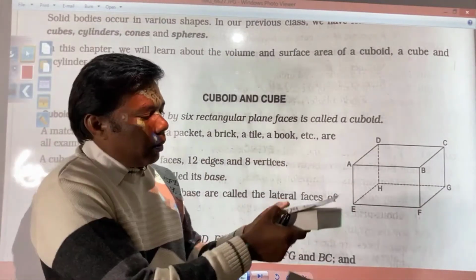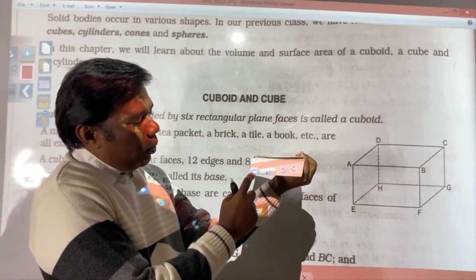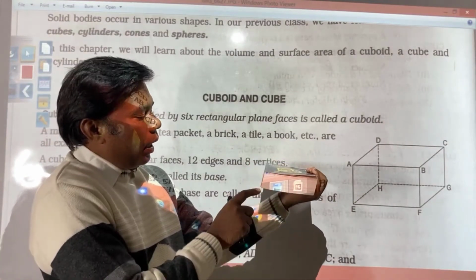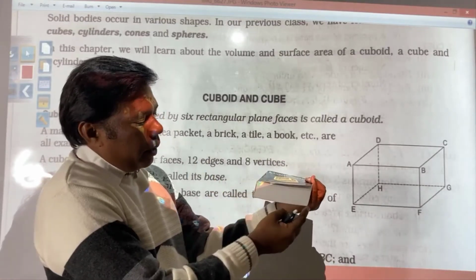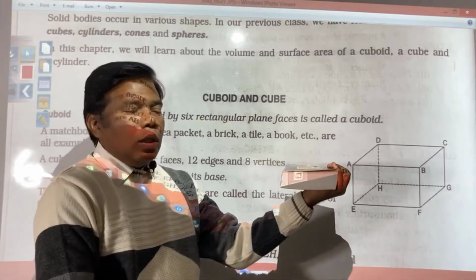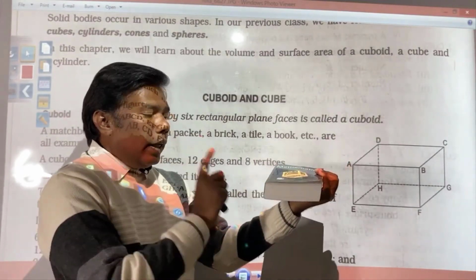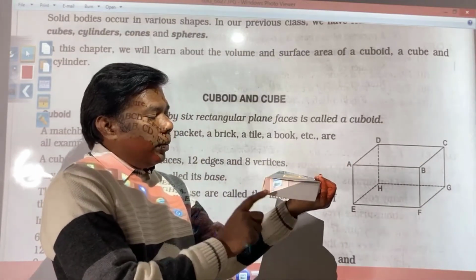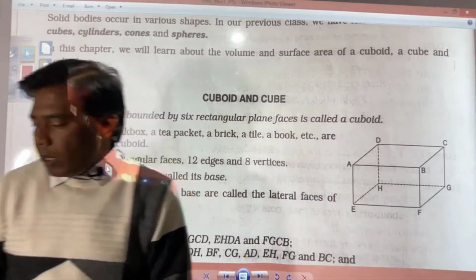Suppose it has been kept in this way. Suppose we are assuming this is length, this is breadth and this is height. So length, breadth and height, 3 things are there in cuboid and cube both. But in cuboid, length, breadth and height may be different, but in cube all are equal.